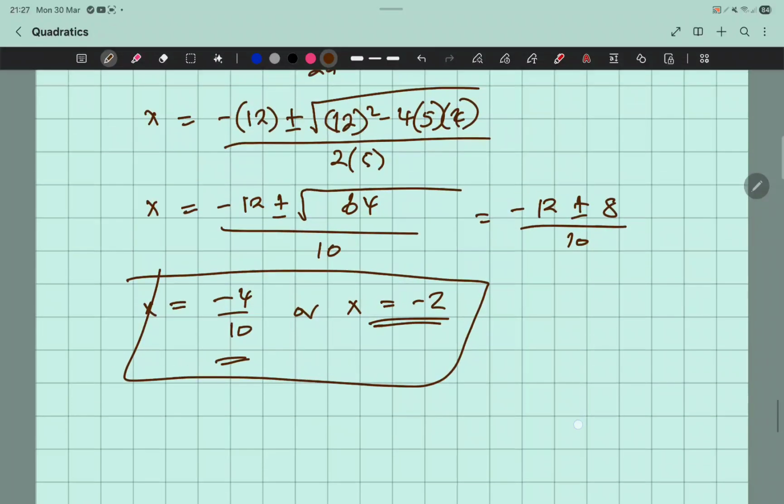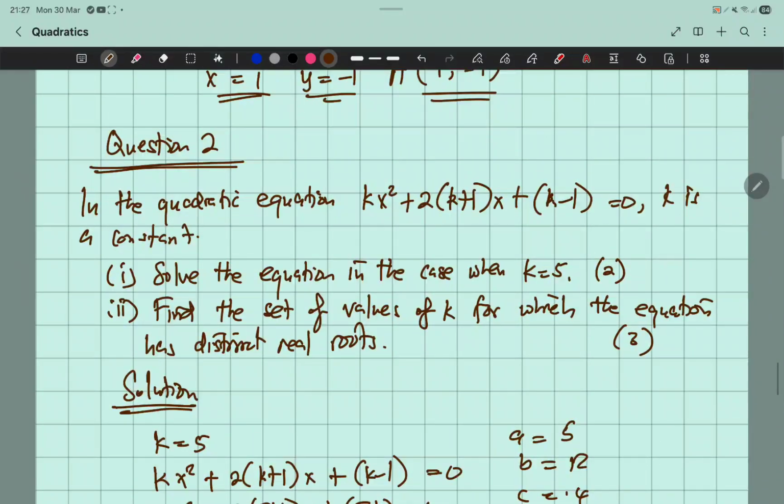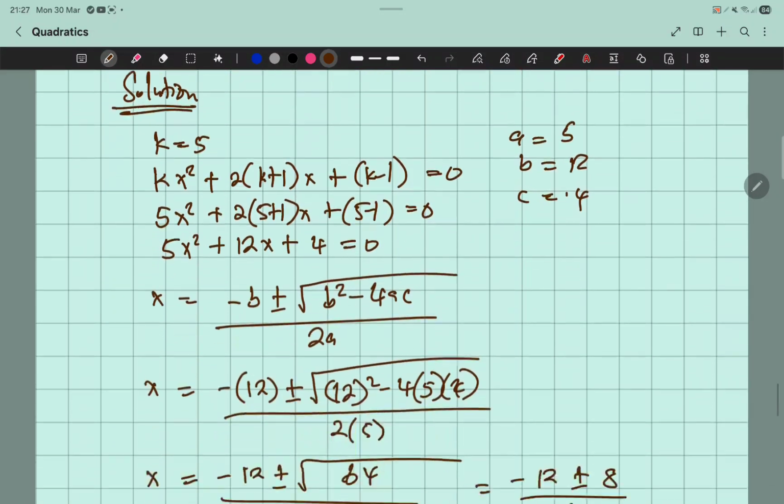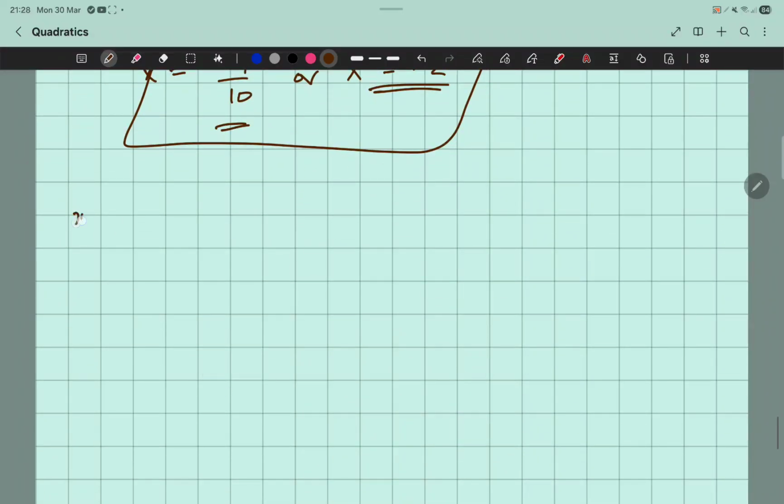Then secondly, find the set of values of k for which the equation has distinct real roots. So for distinct real roots, b squared minus 4ac must be greater than 0.